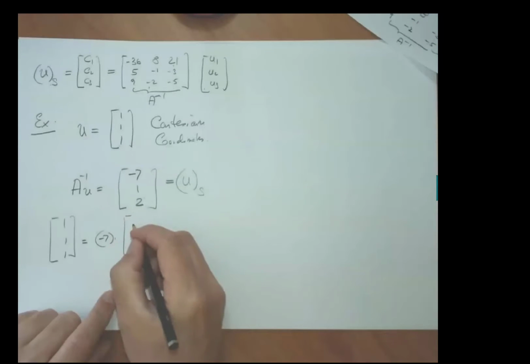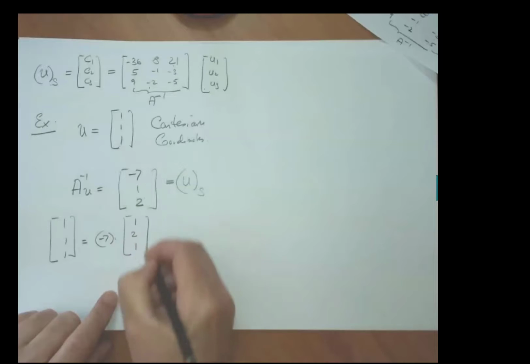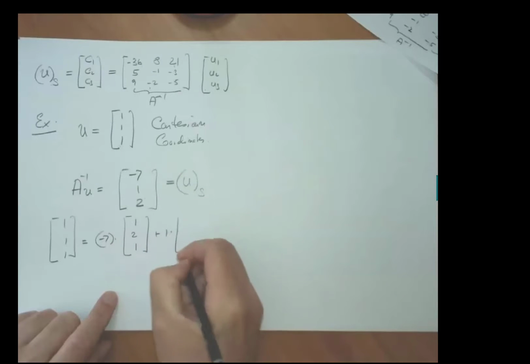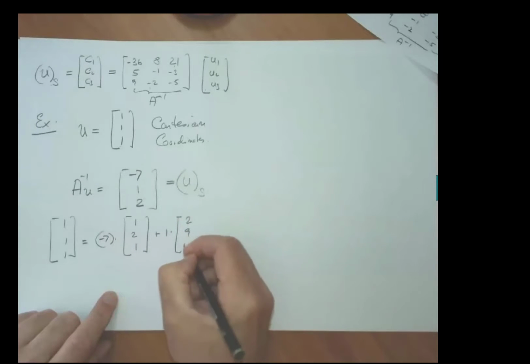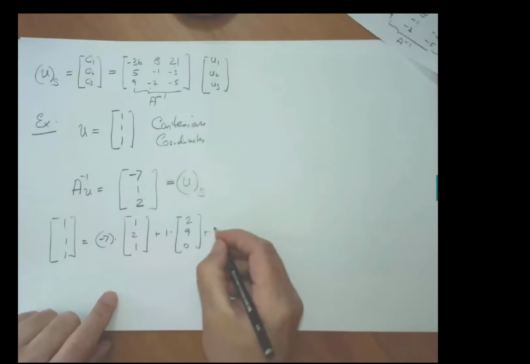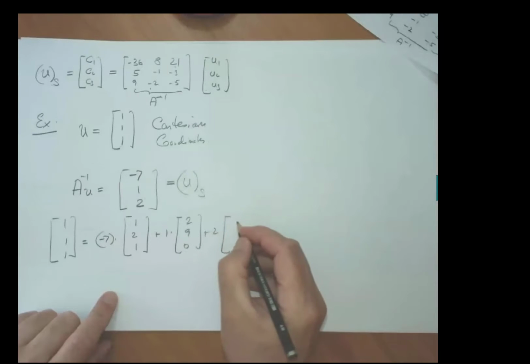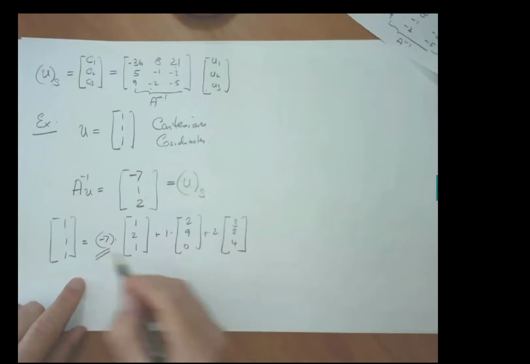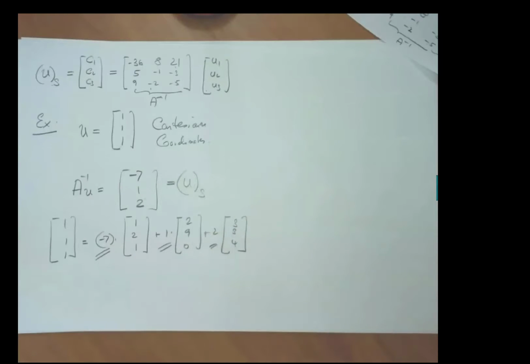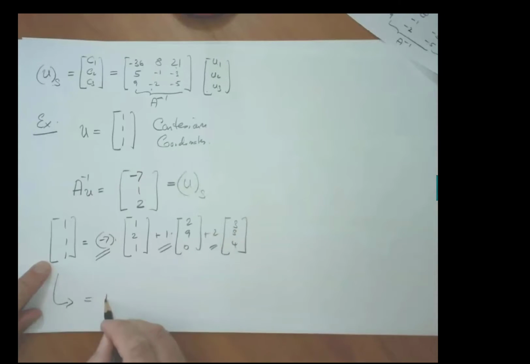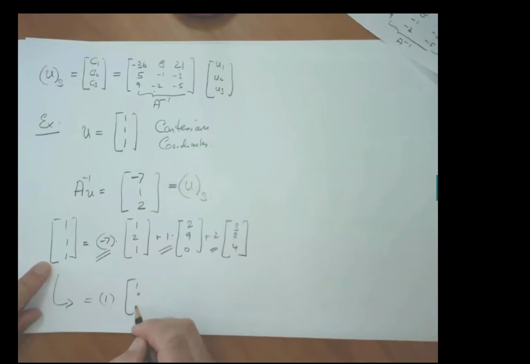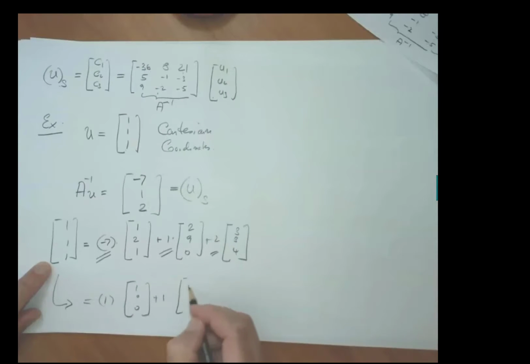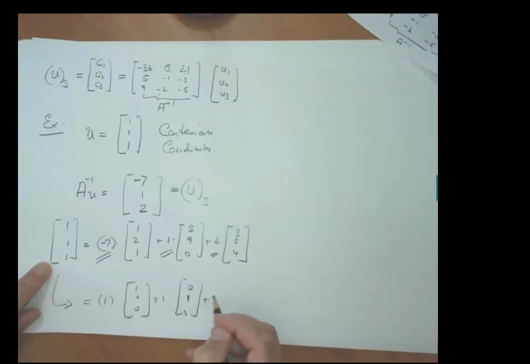So I copy V1, V2, V3, 1, 2, 1, plus 1 times 2, 9, 0, plus 2 times 3, 3, 4. So this is the meaning of the coordinates. And again, because of the standard, it's also 1 times 1, 0, 0, plus 1 times 0, 1, 0, plus 1 times 0, 0, 1.